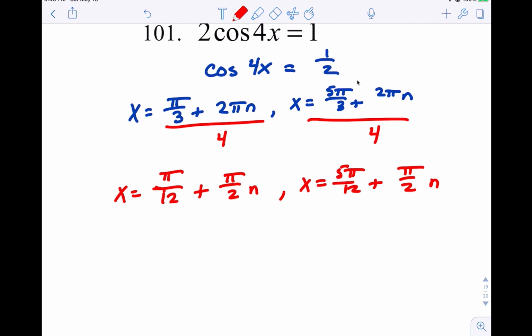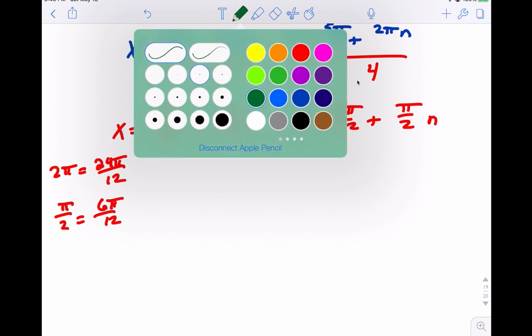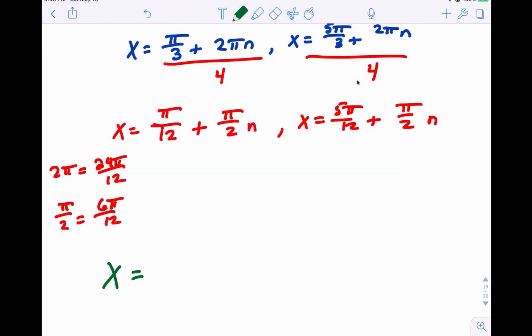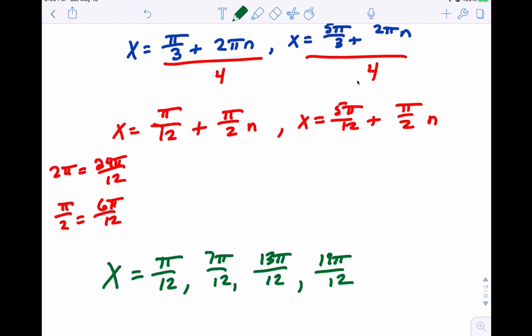Okay, so I should get 8 solutions here because I divided each general solution by 4. So 2 pi here is 24 pi over 12, and pi over 2 is 6 pi over 12. Alright, so I got pi over 12, 7 pi over 12, 13 pi over 12, and 19 pi over 12.